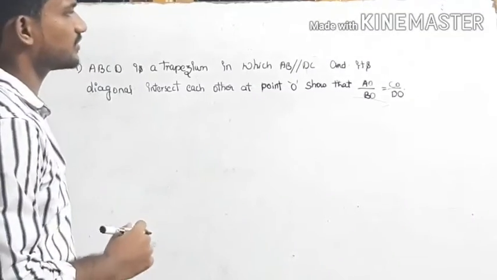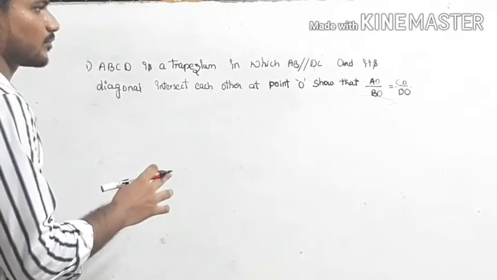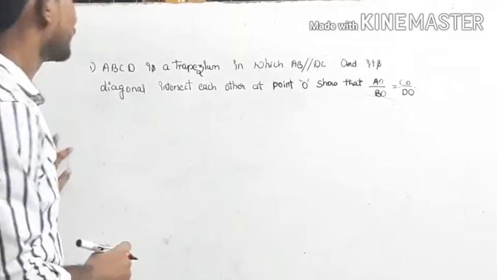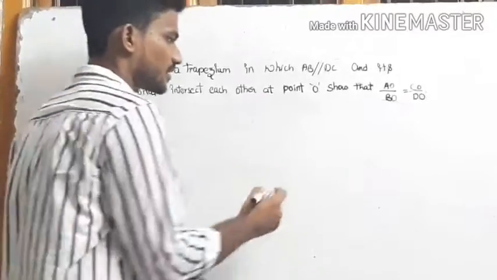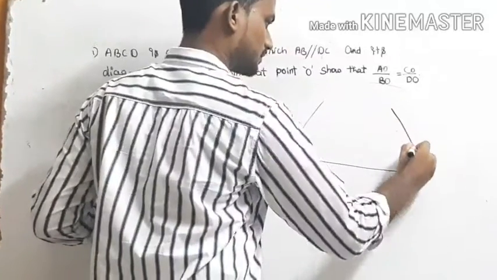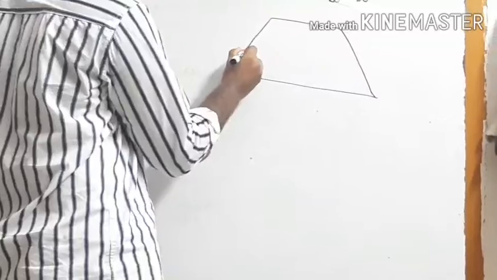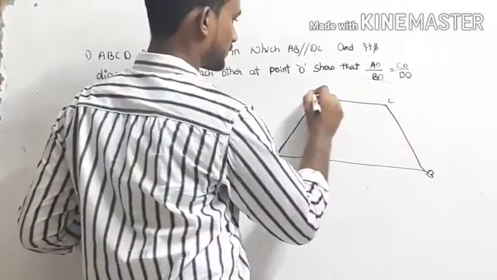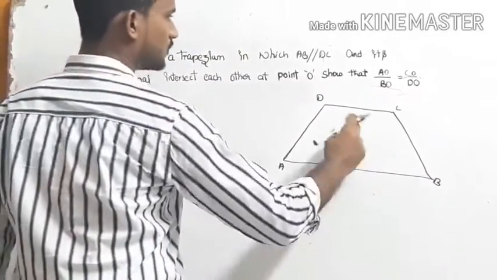It is a trapezium in which AB is parallel to DC and its diagonals intersect each other at point O, so that AO by BO equals CO by DO. First we construct a trapezium in the form of ABCD, with AB parallel to DC.